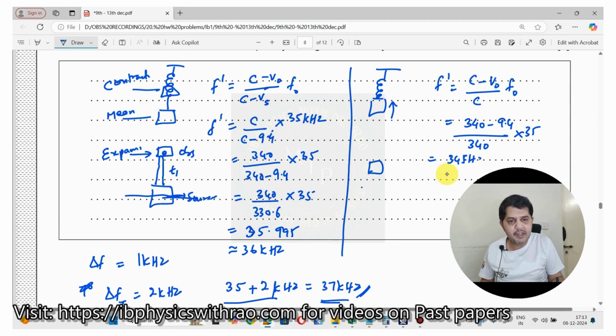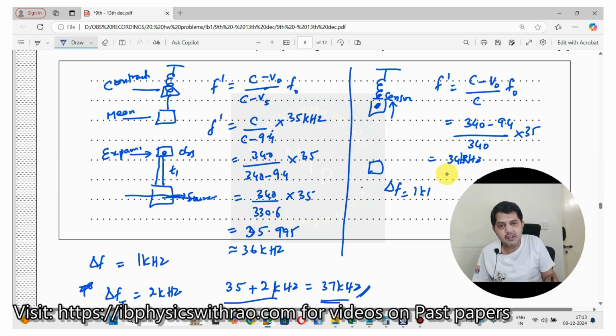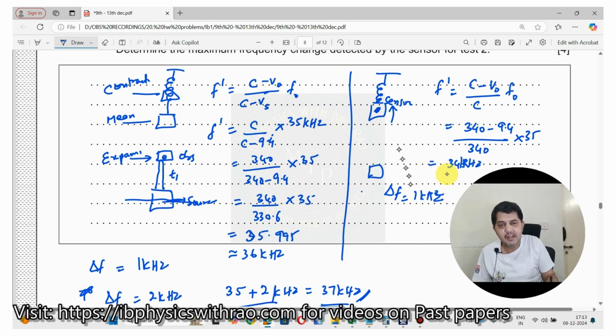So what did I do here? Again the same logic. I consider that the sensor was kept here on the observer's plate, and then the sensor is now moving away from the source. Okay, this is your sensor. The observer is moving away from the source, and as a result of it, the observed frequency is 34 kilohertz, or the shift in frequency is seen to be 1 kilohertz now. 1 kilohertz when the sensor is kept here.